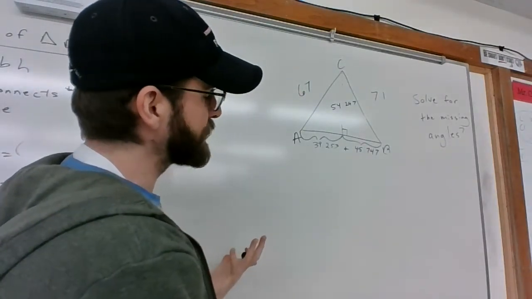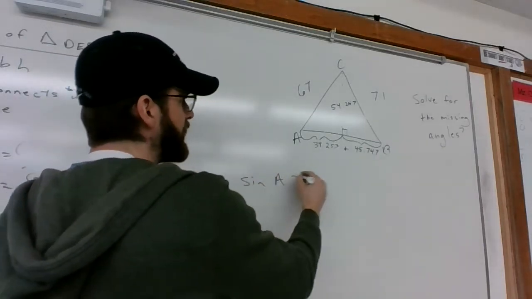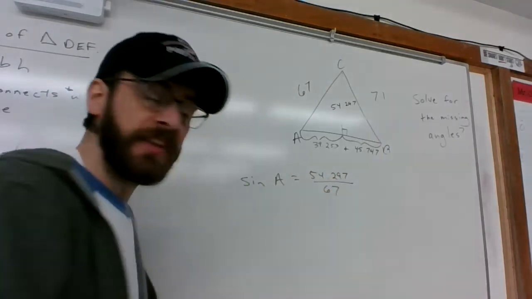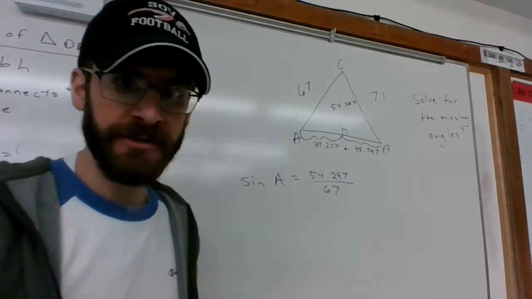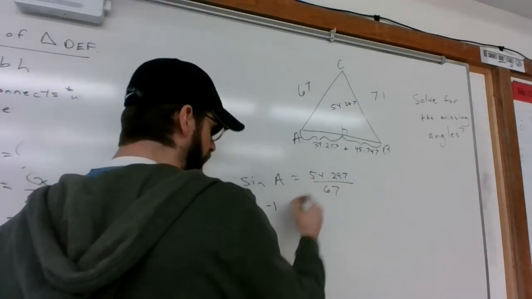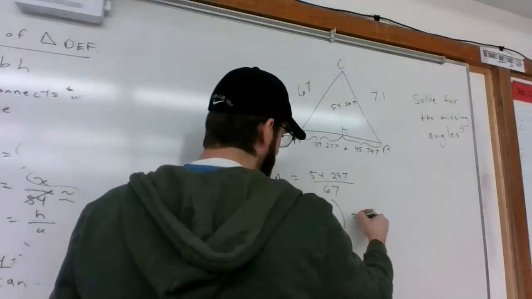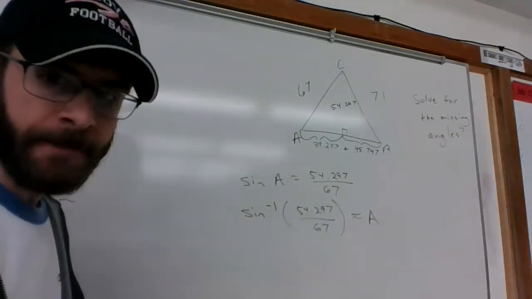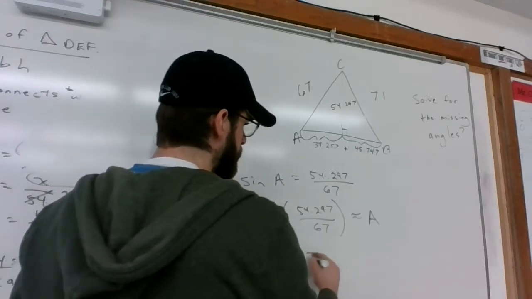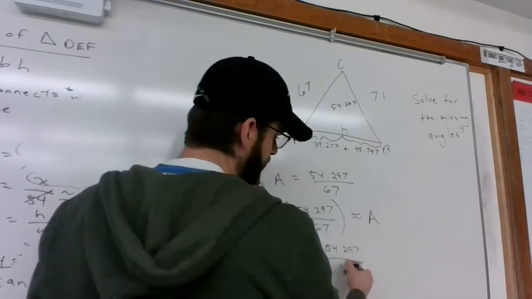So what could we do to solve for the missing angle A? Well, we know that the sine of A is equal to 54.297 divided by 67. If we do the inverse sine, we got ourselves an angle. So sine inverse of 54.297 over 67 is going to approximate our angle A. Similarly, we can do the same thing for angle B. Divide that by 71.